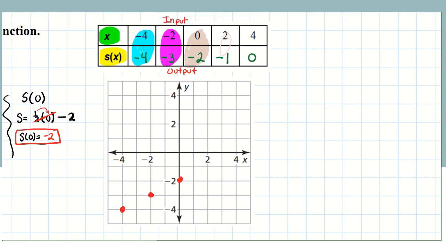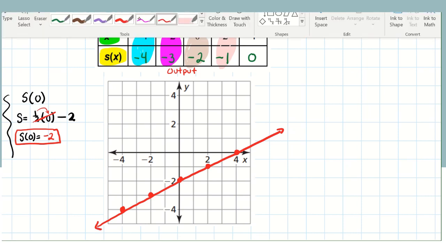The next ordered pair would be 2 and -1. So we start at +2 on the x-axis, and we're going to go to -1. And our last point would be 4, 0. We're going to connect them with our line since this is a linear function.